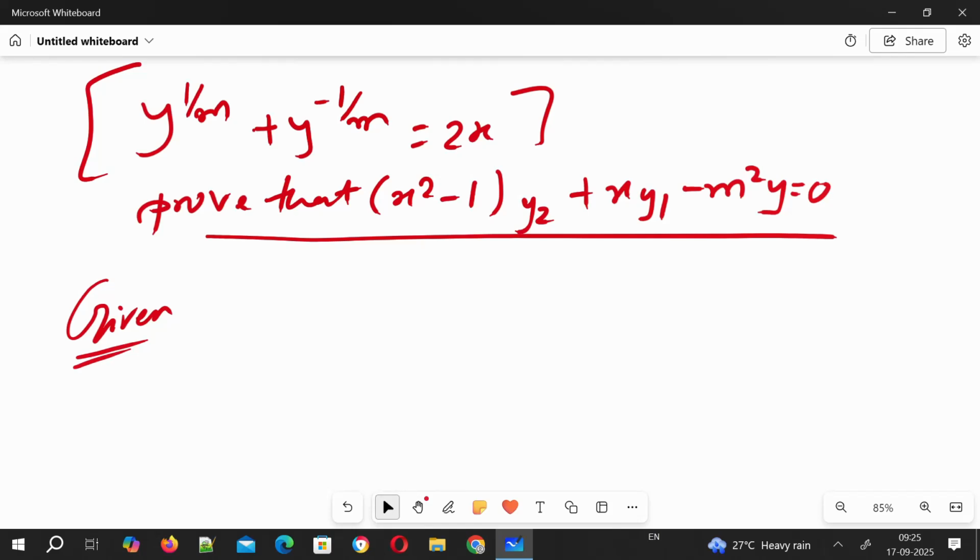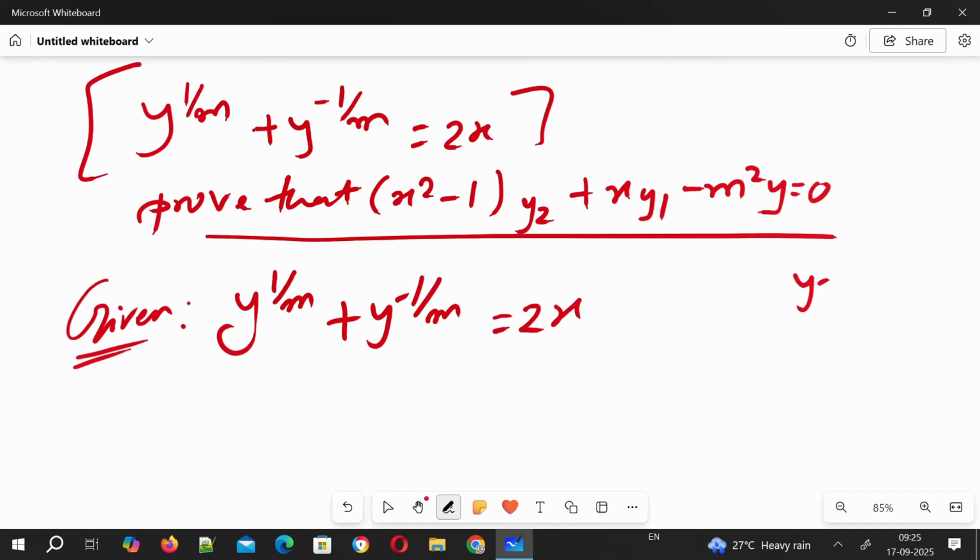So I am given y to the power 1 by m plus y to the power minus 1 by m equal to 2x. You just need to differentiate this given equation with respect to x.